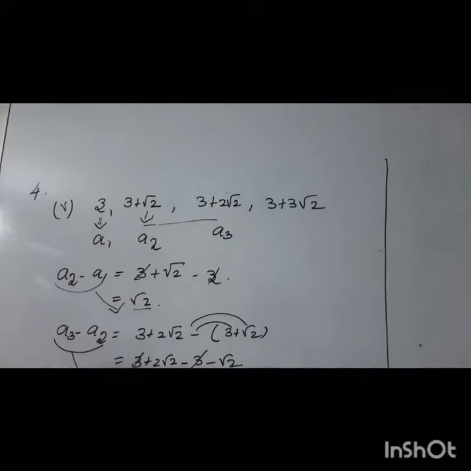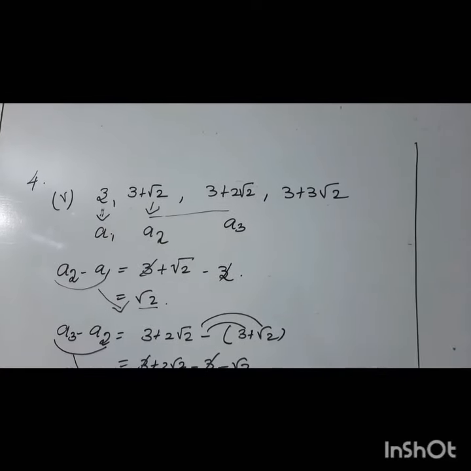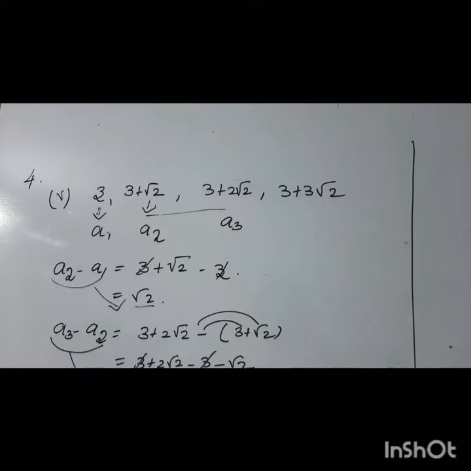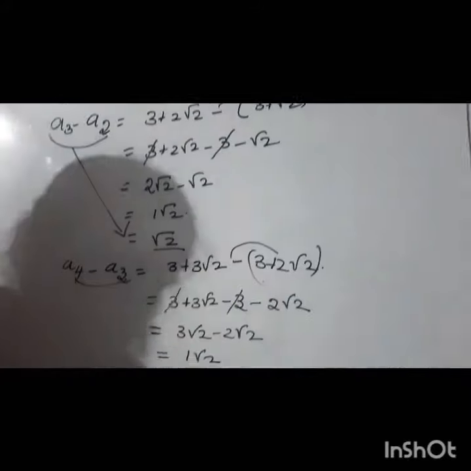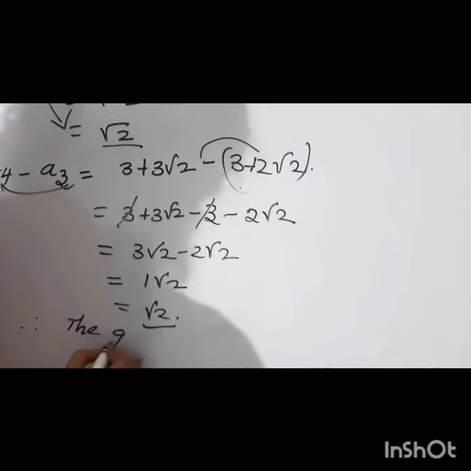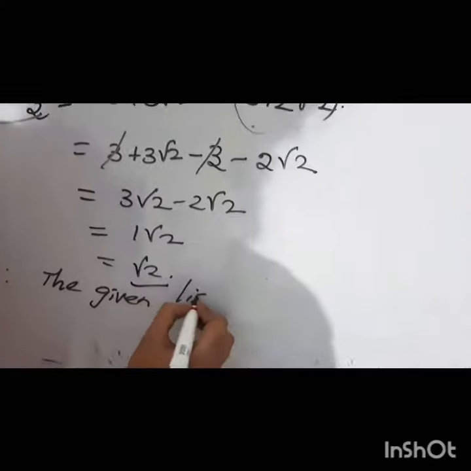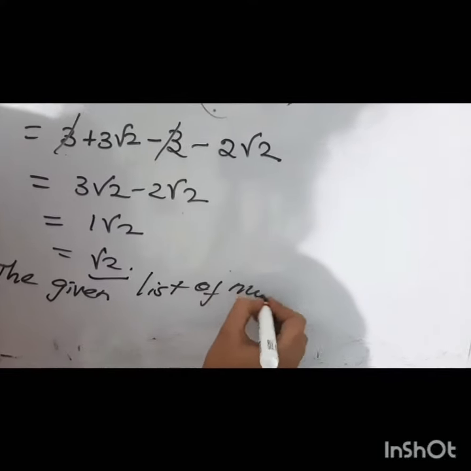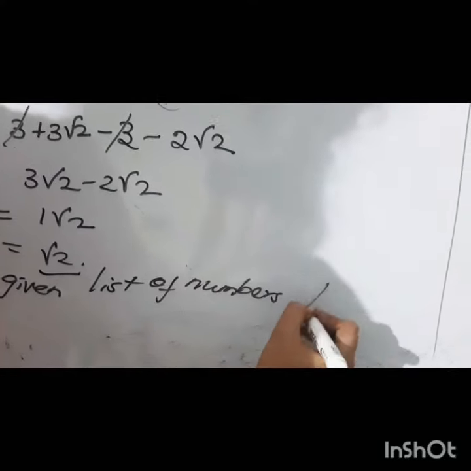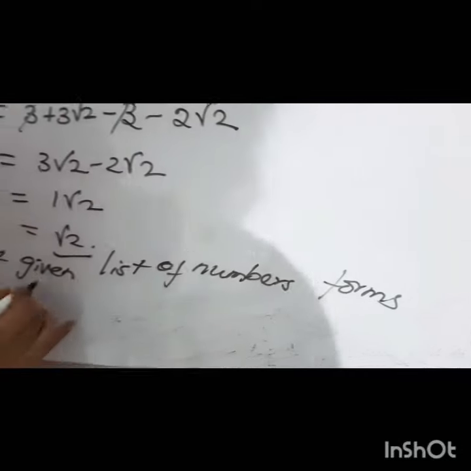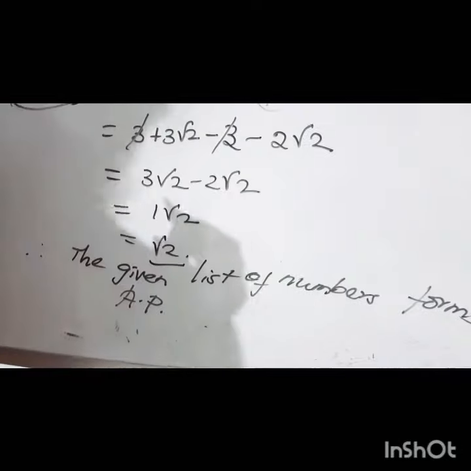What does it mean? That the given list of numbers gives you an AP. Therefore, we confirmed that the given list of numbers forms an AP.